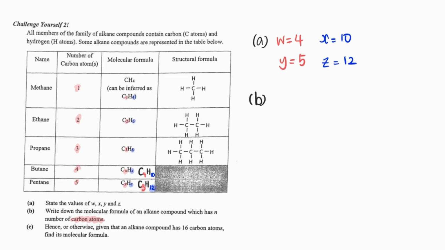I'm going to look at the C, and I saw that when the number of carbon atoms is 1, C is equals to 1. When it is 2, C is 2, so therefore, very straightforward, I will be able to get C n. But for H, I do want to write out all the blue numbers out so that we can try and devise a pattern for this.